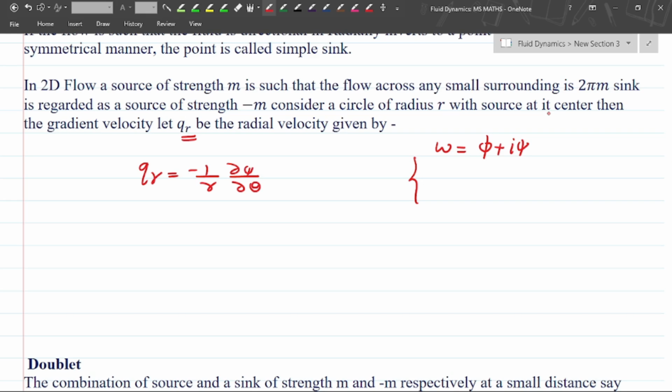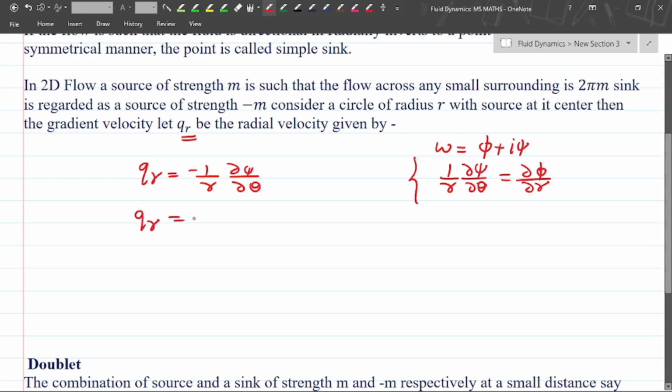In the relation between the stream function and potential function, 1 by r times the partial derivative of psi with respect to the angle theta is dou psi by dou r, in the direction of the radius. So I can simply write qr equals minus dou phi by dou r. This is by the Cauchy-Riemann equations in complex analysis.